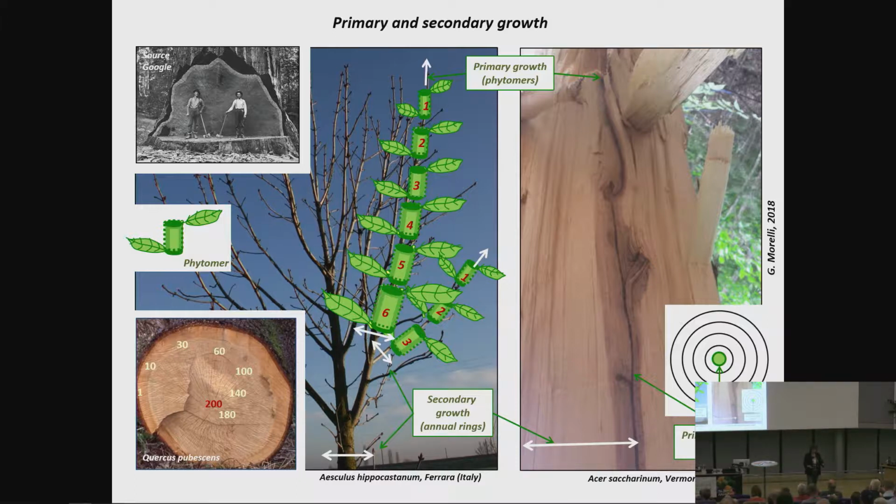But also, rings can be an element of modularity. And of course, to describe a tree, the primary growth is not enough. So we have the secondary growth. And here you see the pith, the primary growth, and the secondary growth. So this is another step to understand trees.